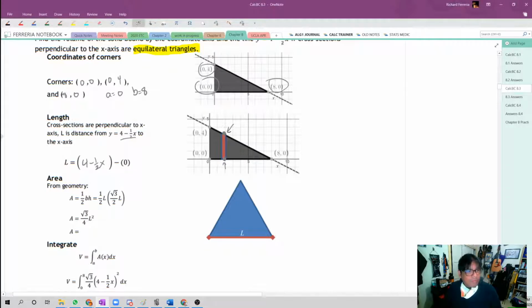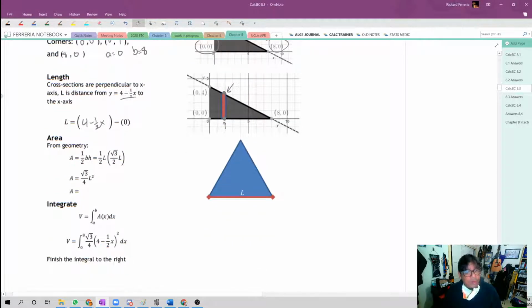Now, area formula. From geometry, we know that the area of an equilateral triangle with a side L, notice that L is always the bottom here. If this side is L, then the area of an equilateral triangle is root 3 over 4 multiplied by L squared. Again, I don't have time in calculus to go over all of these area formulas for you.